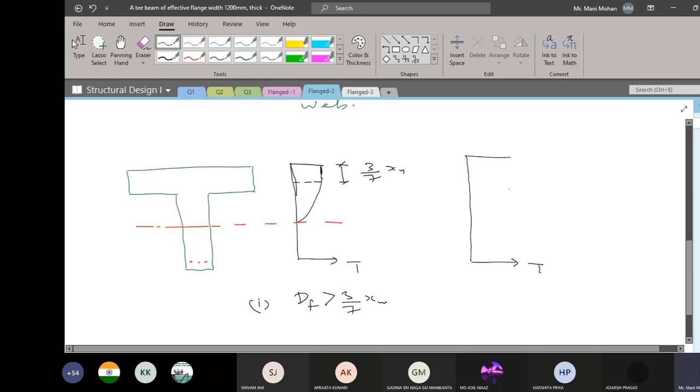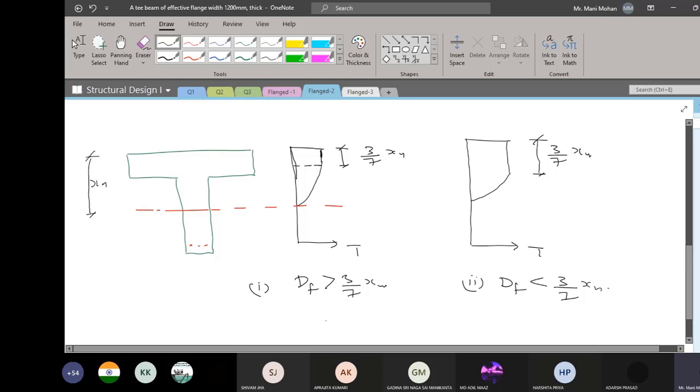You have this rectangular part more than the depth of the flange, and this is the parabolic part. This is 3 by 7 times neutral axis. Let me mark this neutral axis. So this is the other case: your depth of flange is actually less than 3 by 7 XU.